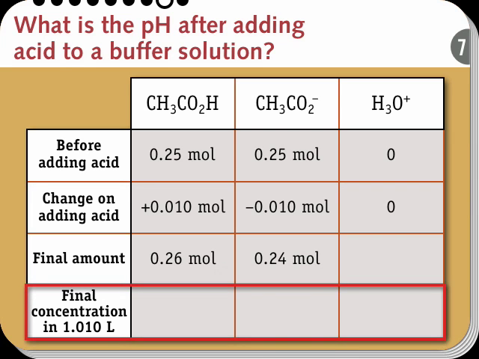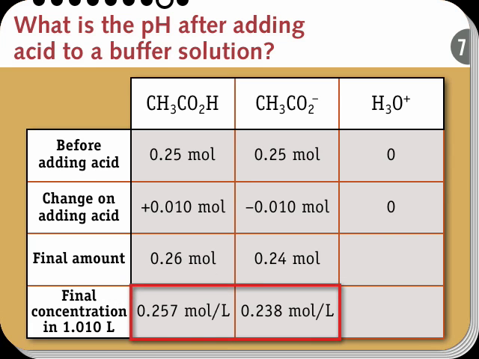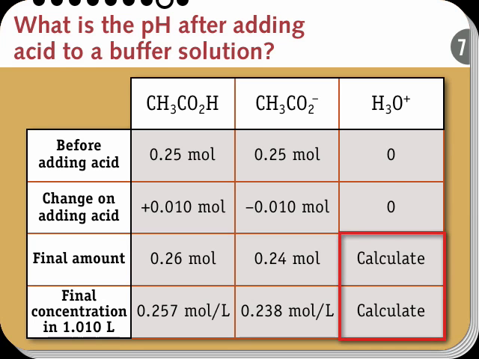Next, we calculate the concentrations in the new solution volume, 1.01 liters. As an aside, we show them here to three significant figures, but we would round off ultimately to 0.26 molar and 0.24 molar. As a final step, we allow the equilibrium process to turn on, and then we calculate the hydronium ion concentration. To see this, go on to the next slide.